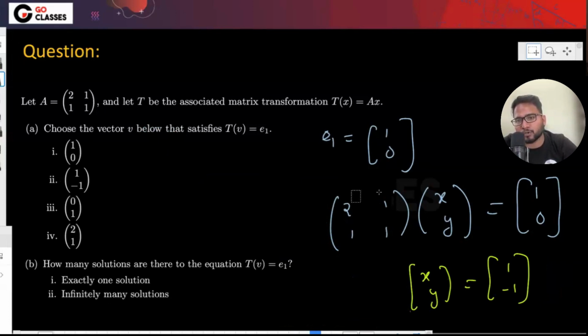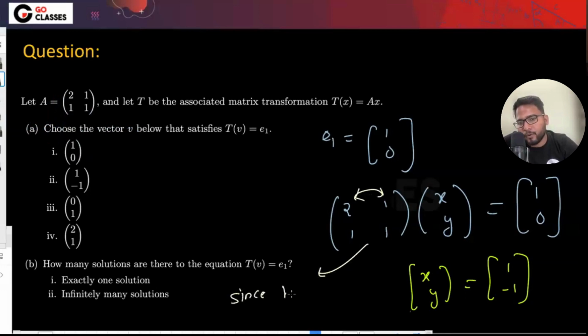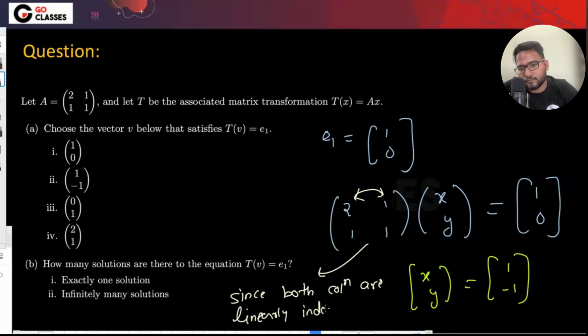You can easily see that both columns are linearly independent, right? Since both columns are linearly independent, hence you can say there is a unique solution. So what is the answer of part B? Exactly one solution, right?